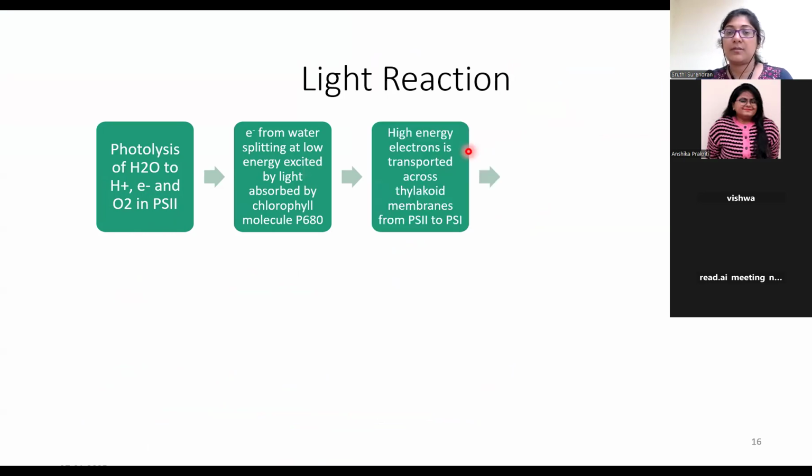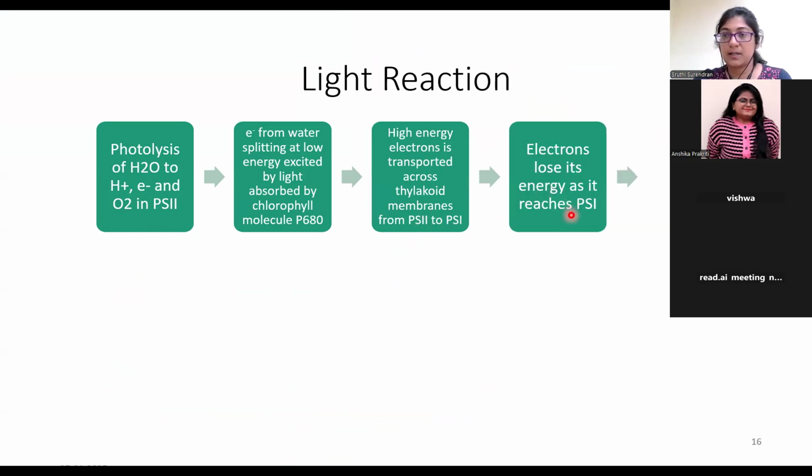This high energy electron is transported across the membrane from PS2 to PS1. The electrons lose their energy as they reach PS1. Then the chlorophyll molecule in PS1 excites the electron, which increases the energy of the electron, which helps in the process of reducing NADP plus to NADPH.